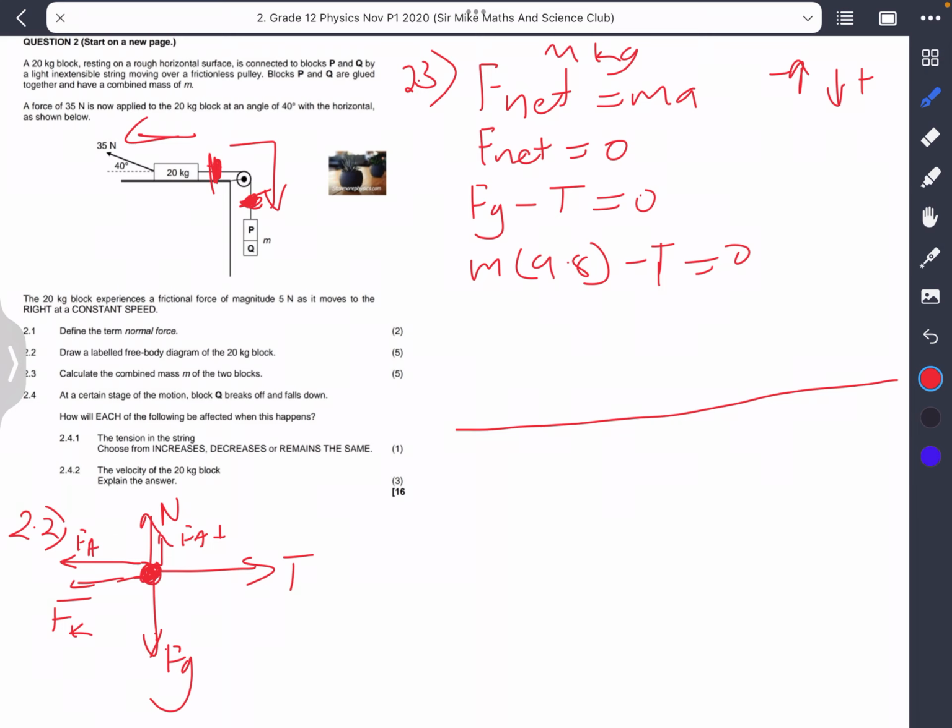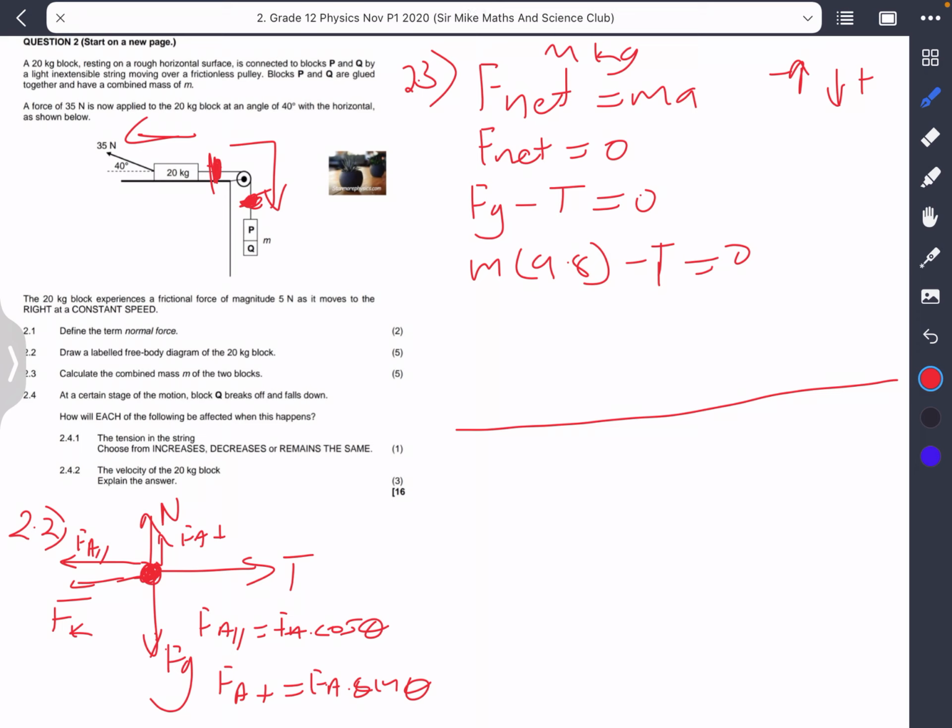Now to calculate FA parallel, you would say FA parallel is equals to FA multiplied by cos of theta. And to calculate FA perpendicular, it would be equals to FA multiplied by sine of theta. So that theta would be that 40-degree angle there.